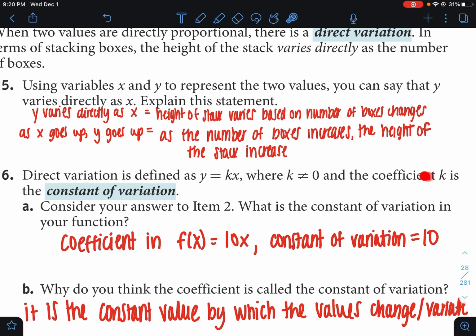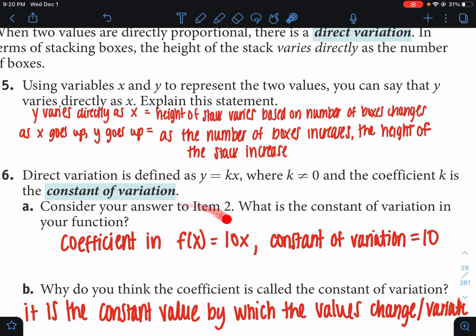It is a coefficient, because it's a number out in front of our variable, and it is constant, meaning that number is not changing. So the coefficient in our relationship f of x equals 10x, our constant of variation, is 10.